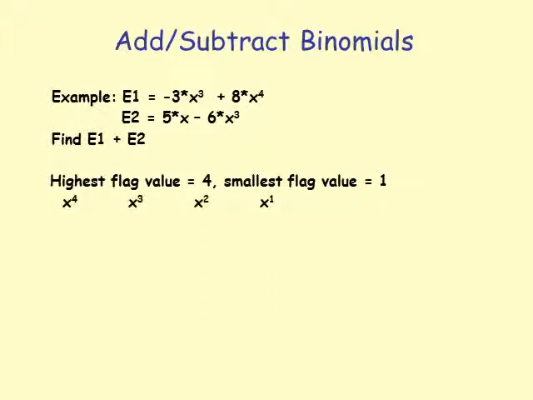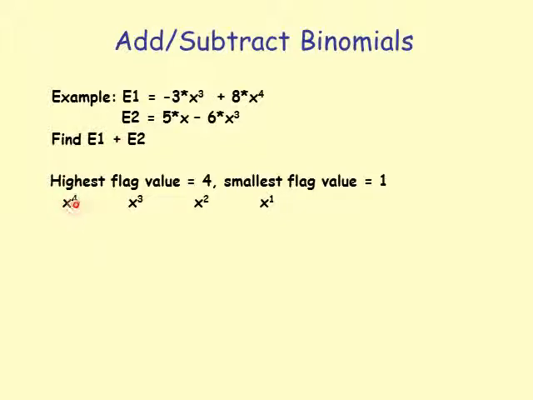Okay, that means let's go write down my powers here. Fourth power of x, third power of x, second power of x, and first power of x. We would accumulate the corresponding flag values under this column.